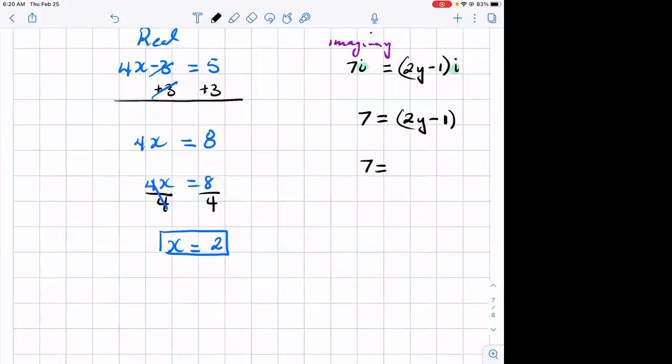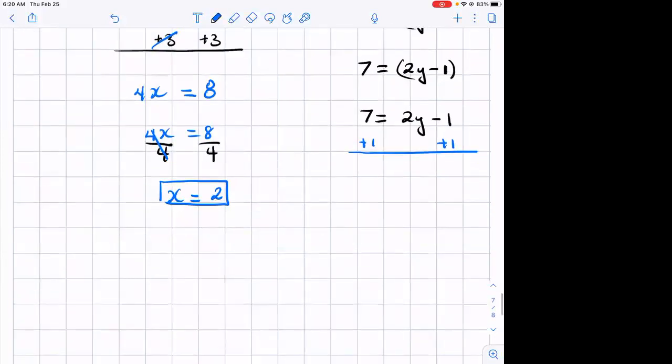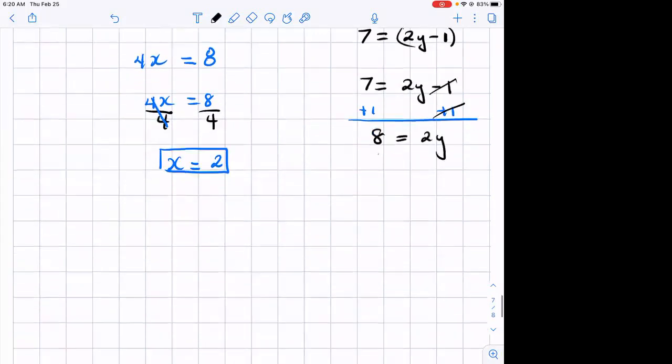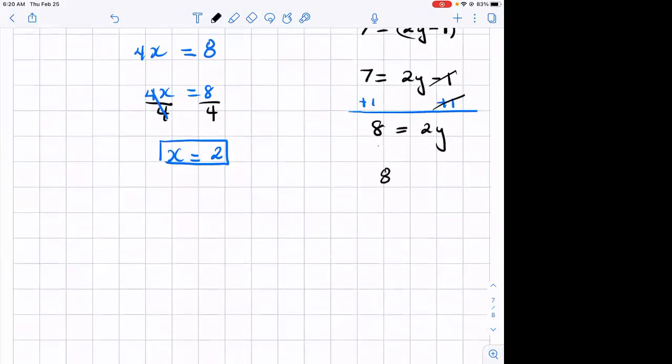Because we don't need the parentheses, I can start off by adding 1 to both sides. And if I do that, I have 7 plus 1 is 8 is equal to 2y. The minus 1 and the plus 1 cancels out. And I can now divide both sides by 2.